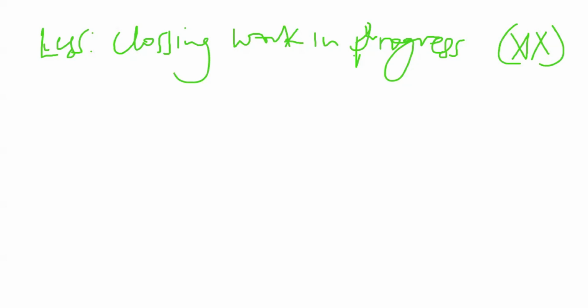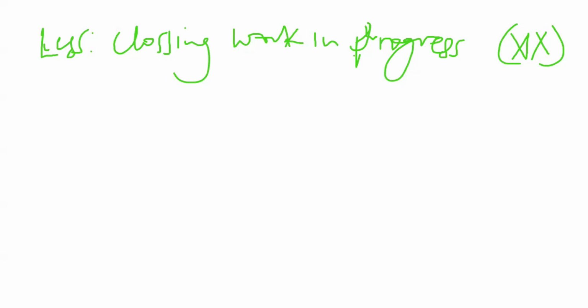So after listing off the closing work in progress, that's what we were doing by the format. In other words, we went through all the format that we wanted to do, and we are putting all those values in the format so that we can be able to get these costs here.